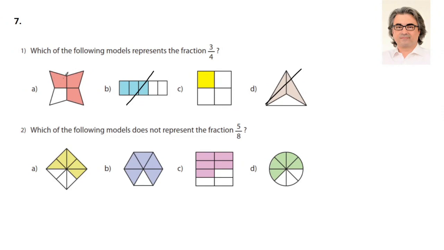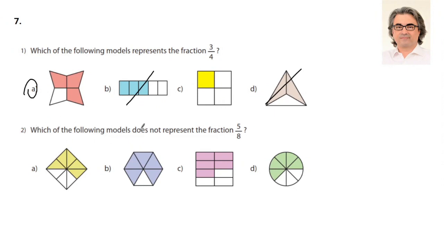In the first choice A, 1, 2, 3 equal pieces are shaded, as you see. So the answer is A. What about C? Only one piece colored. 1 of 4 pieces colored here. So C cannot be the answer.